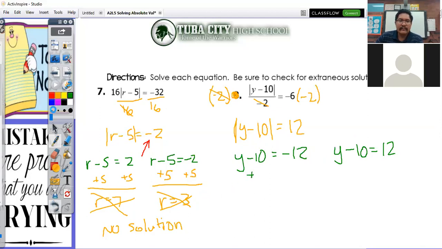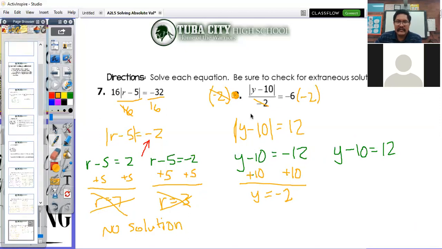Continue solving. So add 10 to both sides. y equals, looks like -2. And again, it's important that we check all of it. Always, every answer, check it.